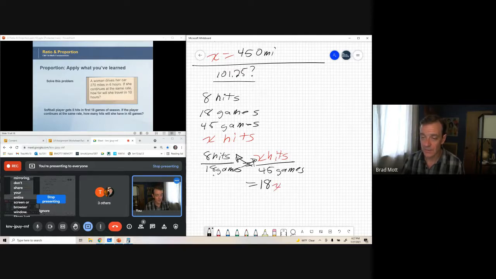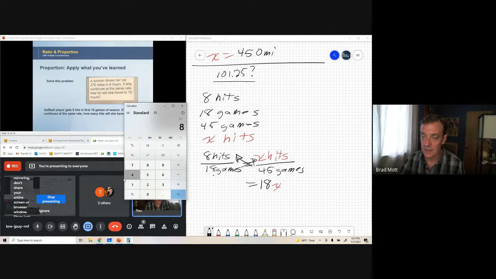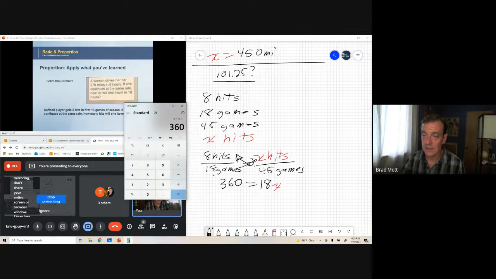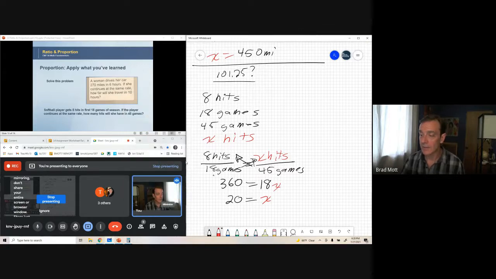And then 45 times 8, that'll be 360. Now, to solve for X, we need to divide both sides by 18. So 360 divided by 18 will give us 20 hits after 45 games.